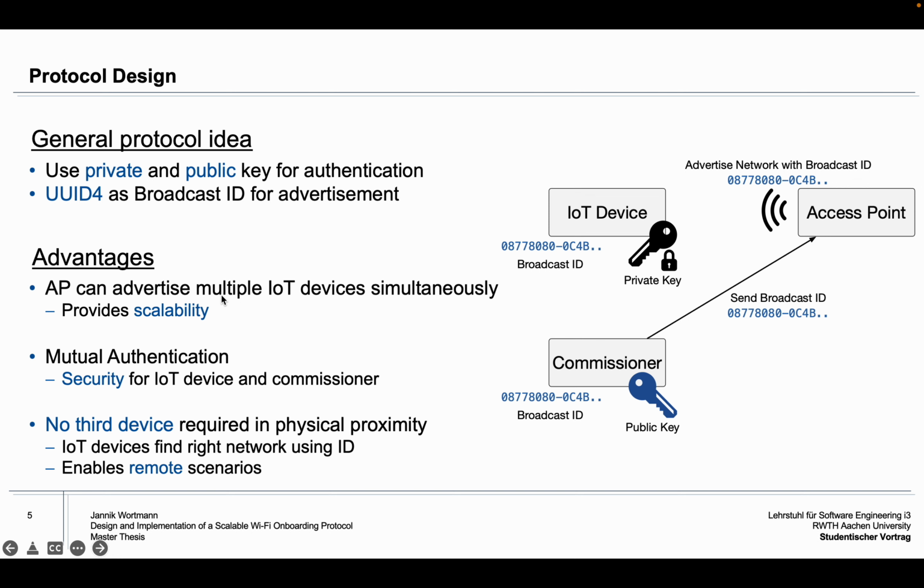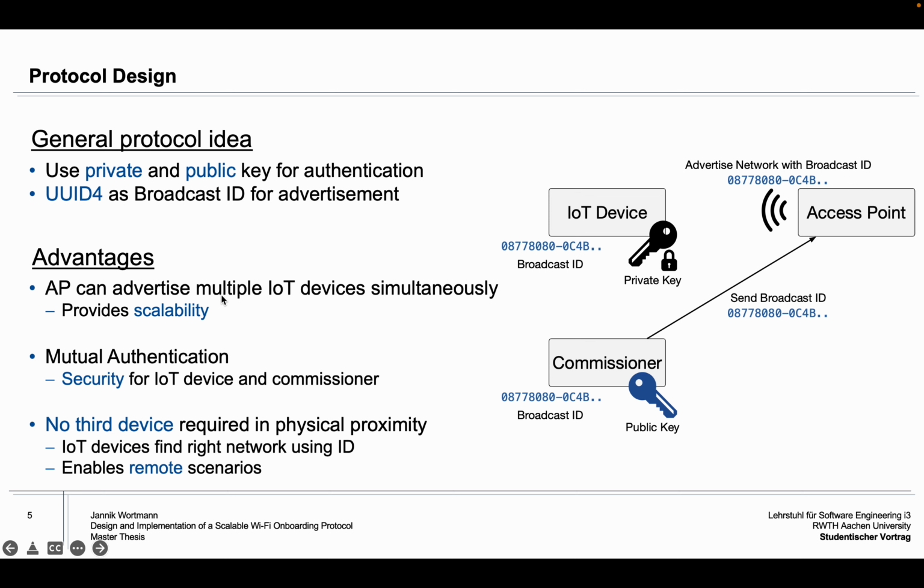Now, the first step here is that the commissioner sends the broadcast ID to the access point, which then uses this broadcast ID to advertise the network. Once an IoT device finds this broadcast ID, it tries to connect to the access point and uses its private key for authentication.